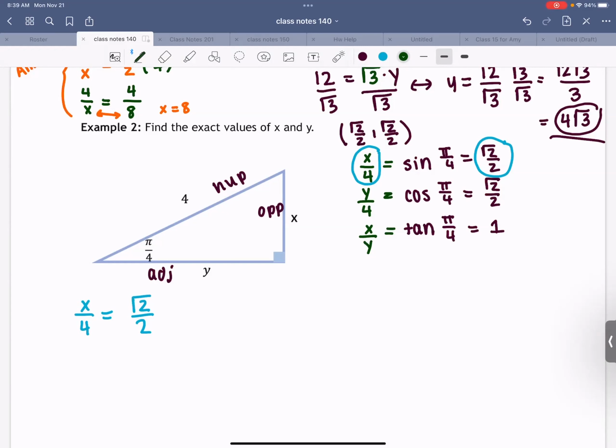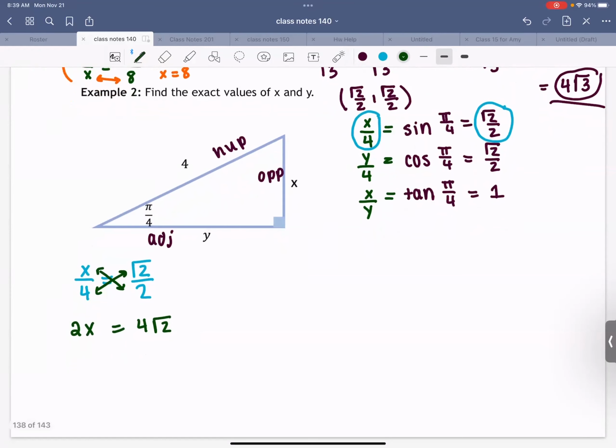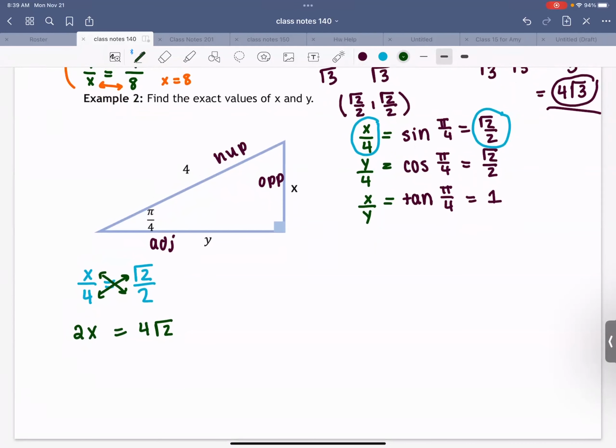I'm going to cross multiply here. Multiplying across, I know that 2 times x equals 4 square roots of 2. That's just cross multiplying my result from there. How do I get x by itself? Divide by 2, since there's a 2 attached to the x. If I divide by 2 on both sides, I get that x is 4 square roots of 2 over 2.